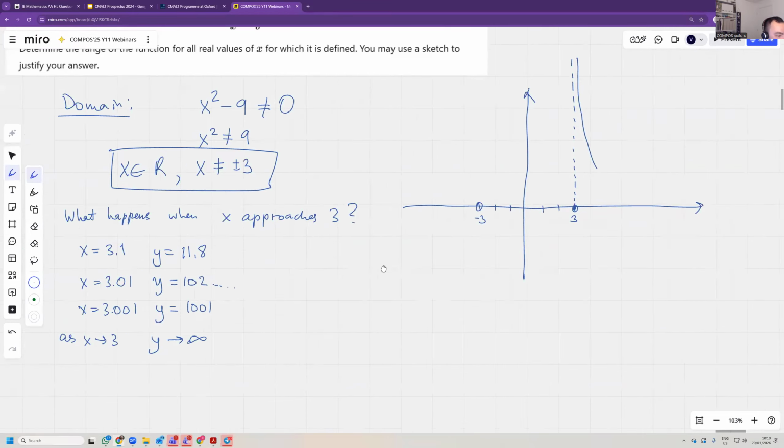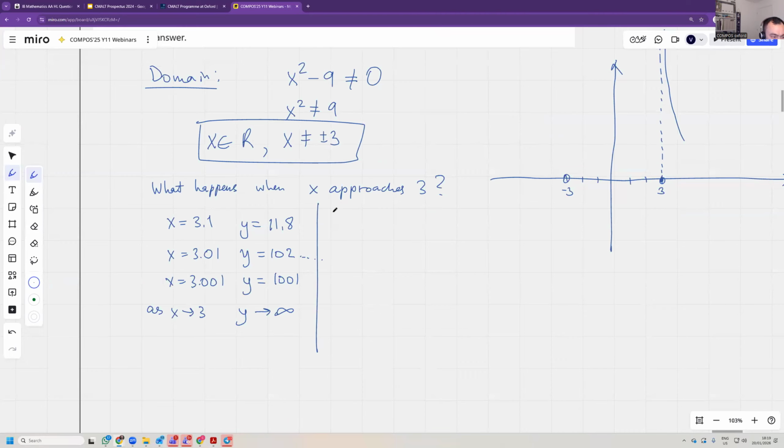Well, you can use similar logic. If x is 2.9, y would be minus something. It's actually -8.16. If x is 2.9999, y is negative 9,998.